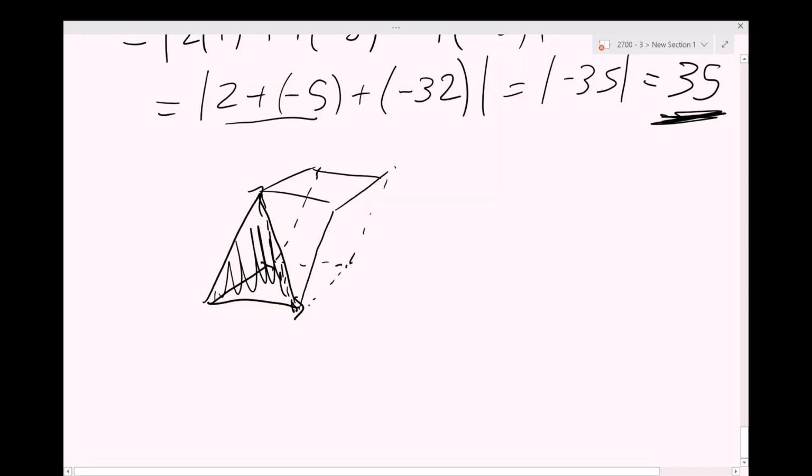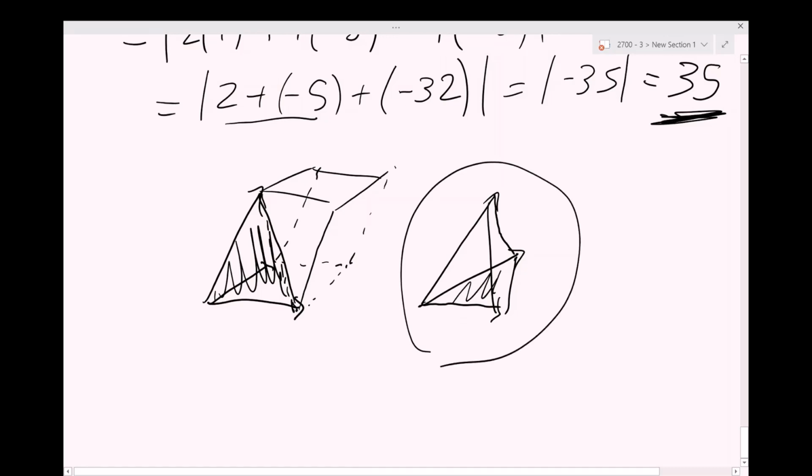Well, let's think about how it compares to the volume of that box. So here are my three vectors. The base of this triangular piece is half of that whole parallelogram, so you would just cut that in half. So we have half the base of the whole box, but then also we have this pyramid shape. Now, in terms of volume, how does this pyramid shape relate to the entire box?